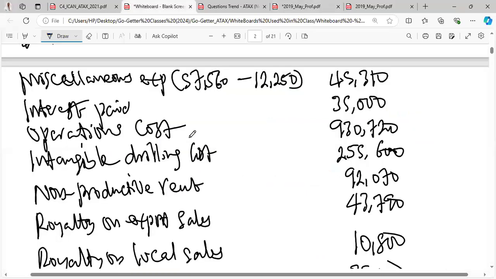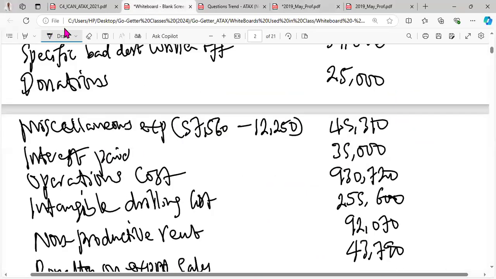So it's 930,720 minus 16,250. So the only difference we'll get here is a difference of 16,250.